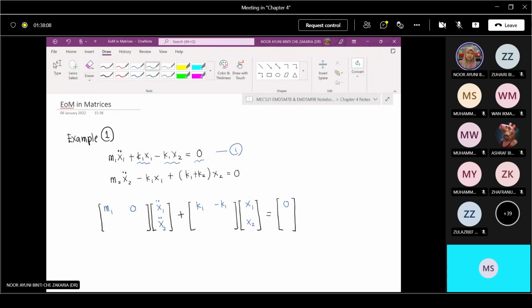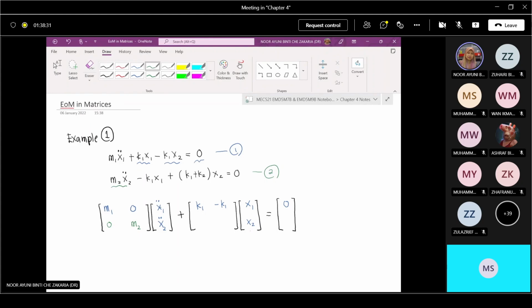Equation 2. We only have M2 with X2. That means M2, 0 times X1 double dot, and we have M2 times X2 double dot. Okay.